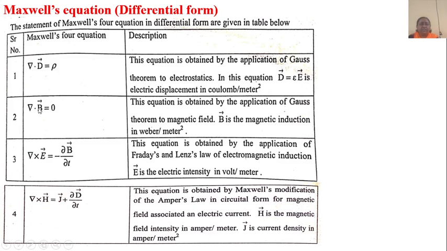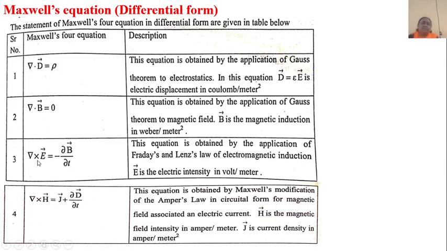Now second equation, that is del dot B equal to 0. This equation is obtained by the application of Gauss theorem to magnetic field, where B is magnetic induction in Weber per meter square.